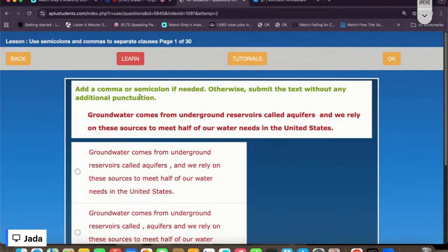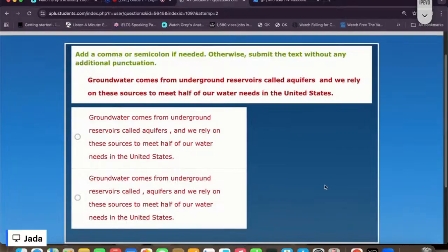So we have to add a comma or semicolon if needed. Otherwise, we just submit the answer like that. So we have: Groundwater comes from underground reservoirs called aquifers. Then we have a space here, and we rely on these sources to meet half of our water needs in the United States. First or second?